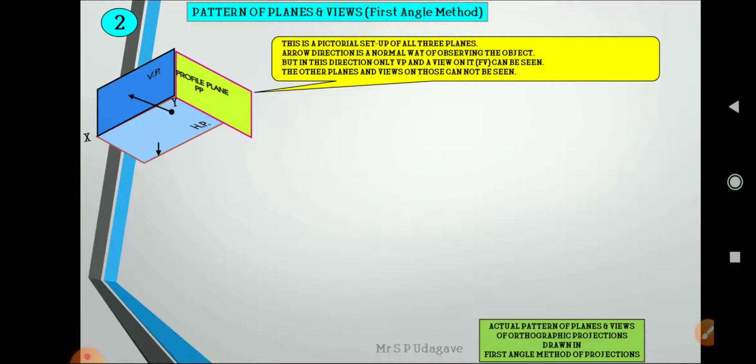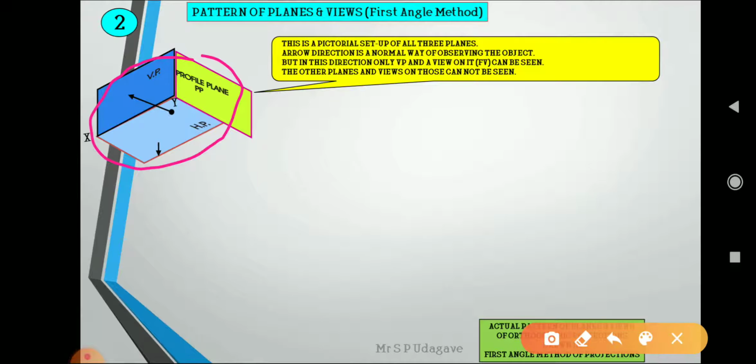The arrow direction is normal to the way of observing the object, and this direction is only toward the VP, the vertical plane. The view on it, the front view, can be seen. The other planes and the views on those cannot be seen. So this is the pictorial view.